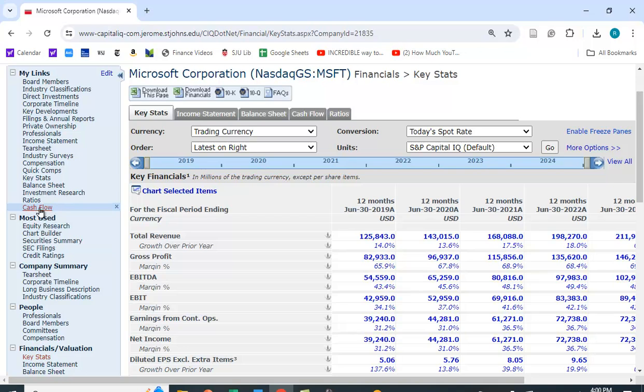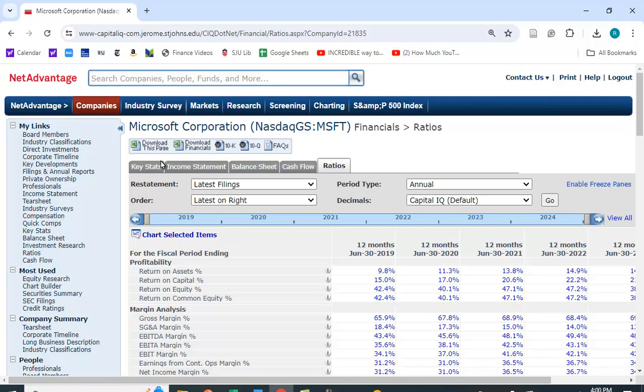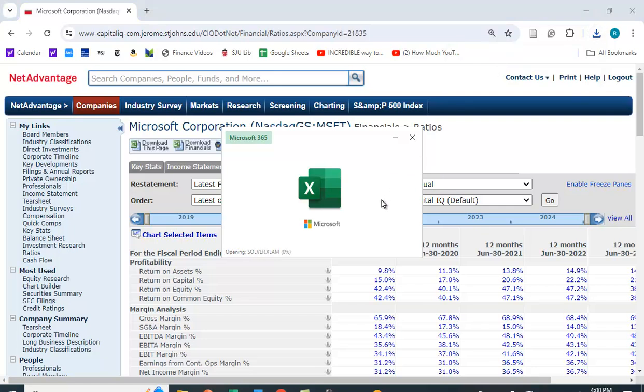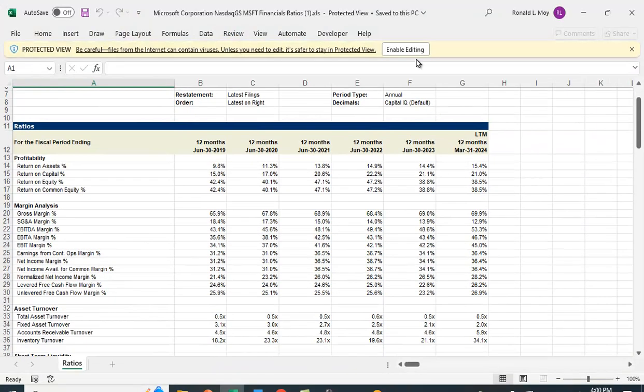And again, we can get those ratios, which we looked at before. And you can download these into a spreadsheet if you'd like. So let me download that. And we'll take a look, and you'll see it's all on Microsoft. So if you wanted to do some analysis, you could do that.